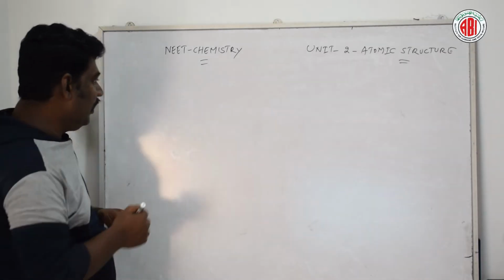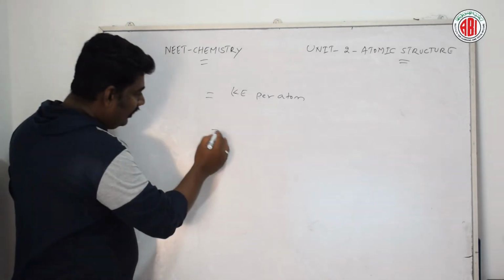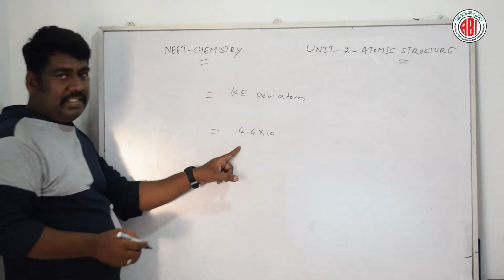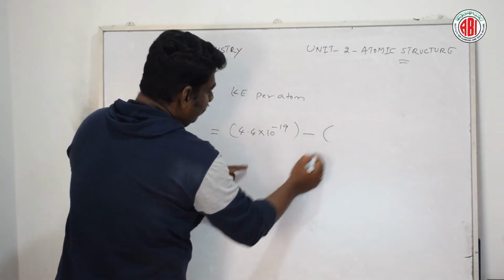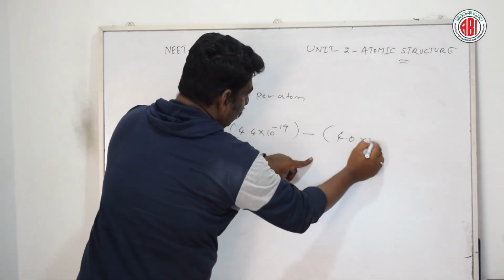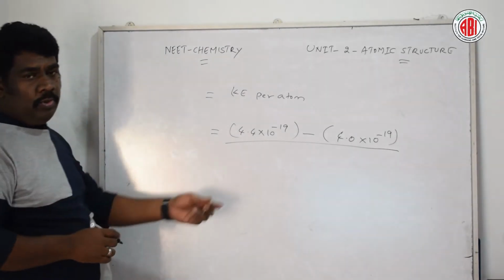According to this particular question, kinetic energy per atom is nothing but 4.4 into 10 to the power of minus 19 minus 4.0 into 10 to the power of minus 19, divided by 2.